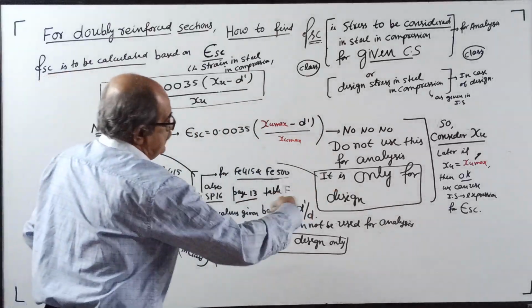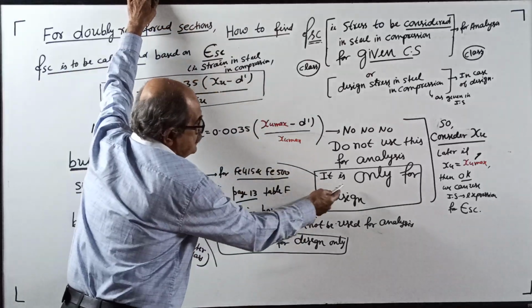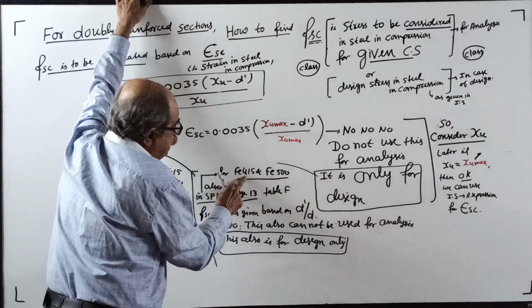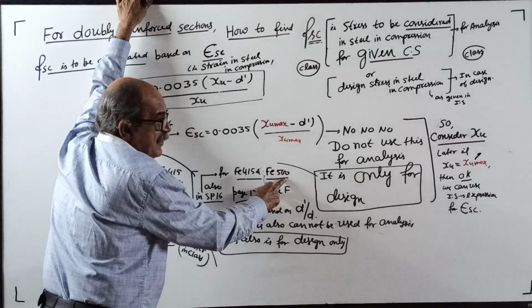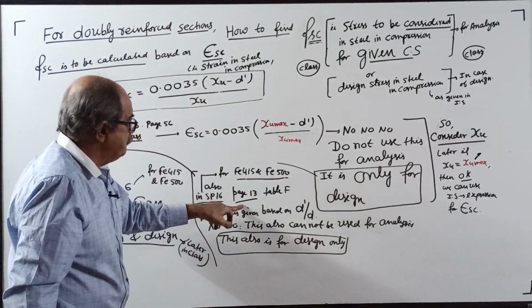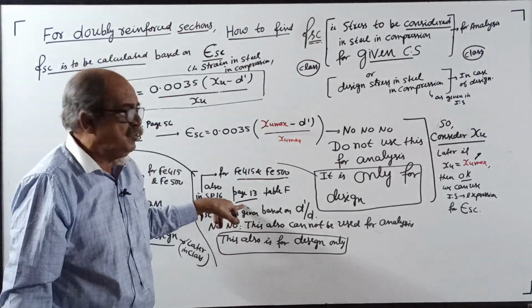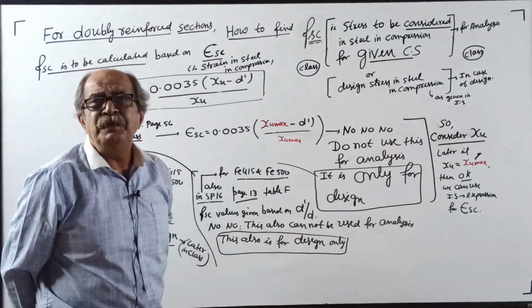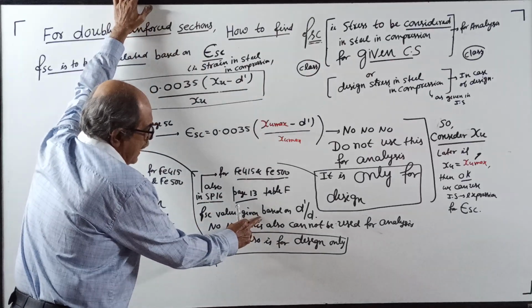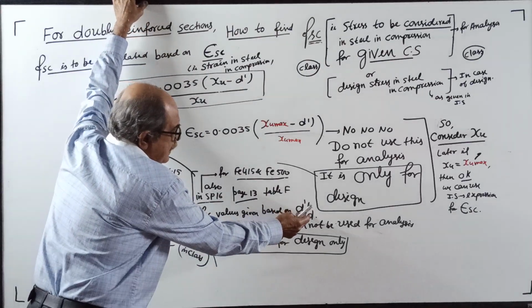Next, come to this side. This is over now. For Fe415 steel and Fe500 steel, in SP16, page number 13, there is a table called F. So many people are using it. FSC values are directly given based on D dash by D value.